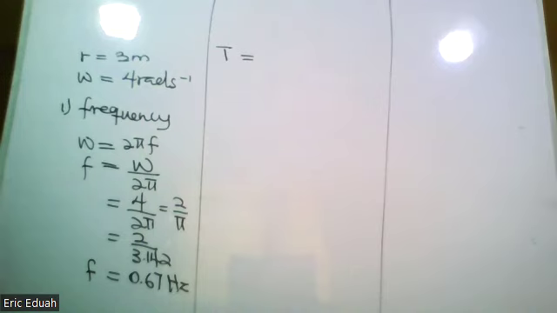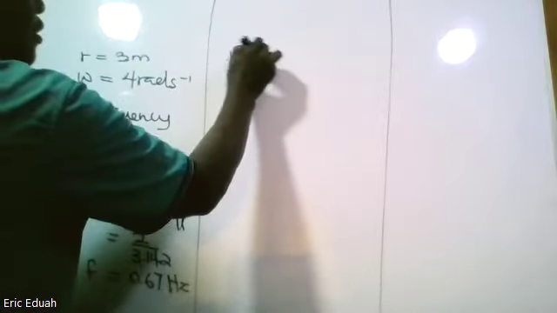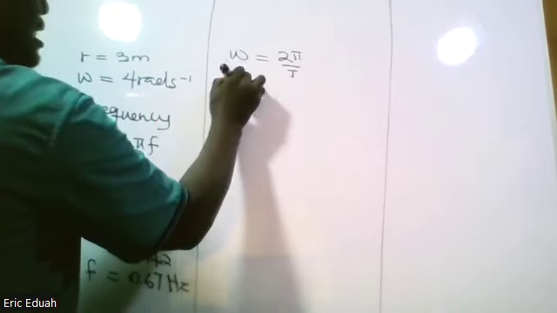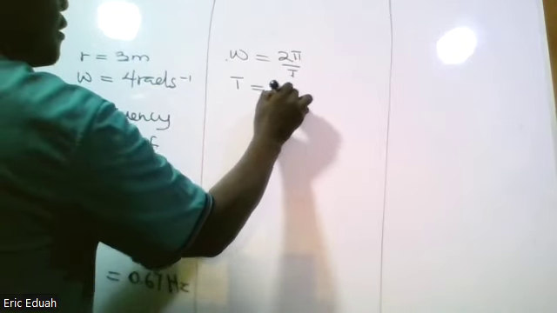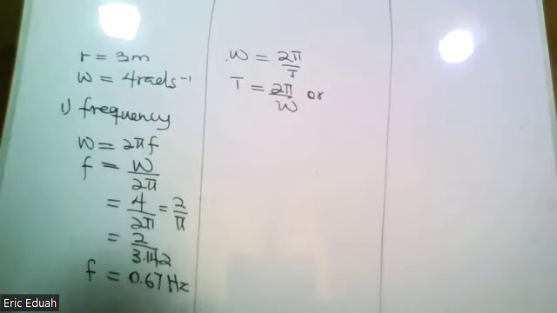Using the omega formula, but this time omega will be equal to 2 pi over T. Then you make T the subject. So that will be 2 pi over omega. Or use 1 over f.